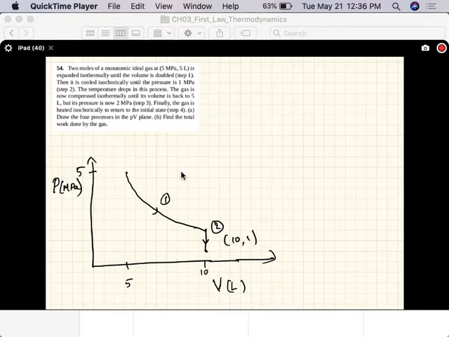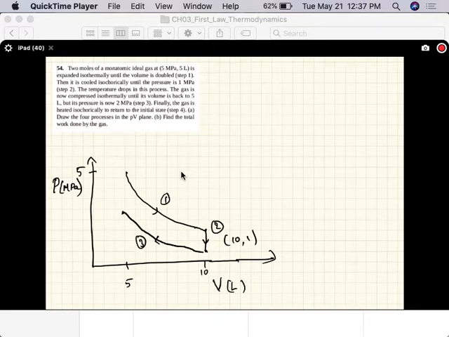And then what do you do? The next thing you do is, the temperature drops in this process. The gas is now compressed isothermally until its volume is back to 5 liters. So now we're going isothermally back to that point. So this is step 3.